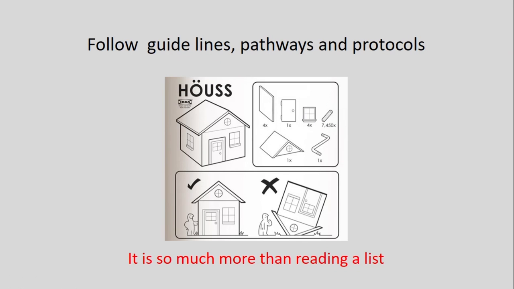Whilst it is important that when we think about administration of medicines, that we follow guidelines, pathways and patient protocols, and what the difference is between these three separate entities, it is vitally important that we don't think of these things as a reading list of objectives. Drugs guidelines, pathways and protocols are there to support your clinical decision making, and it's up to you as the clinician to interpret the patient in front of you in order to tailor treatments.